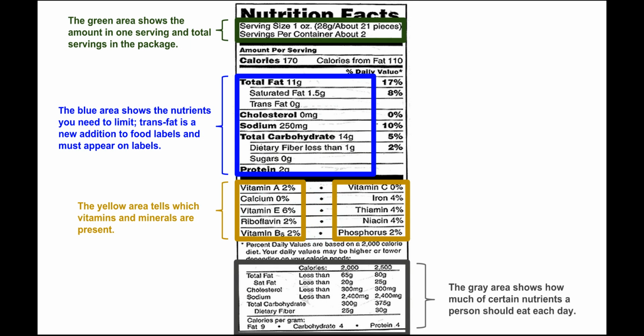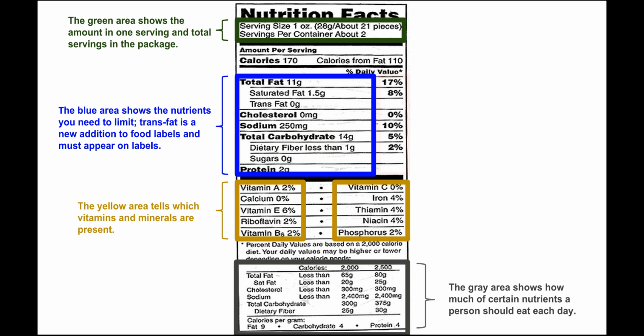The gray area shows how much of certain nutrients a person should eat each day. In this label, for example, 65 to 80 grams of total fat should be consumed based on a 2,000 or 2,500 calorie diet.